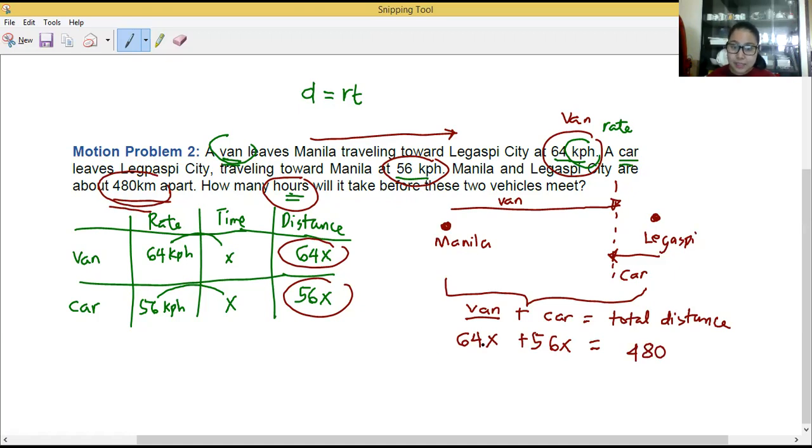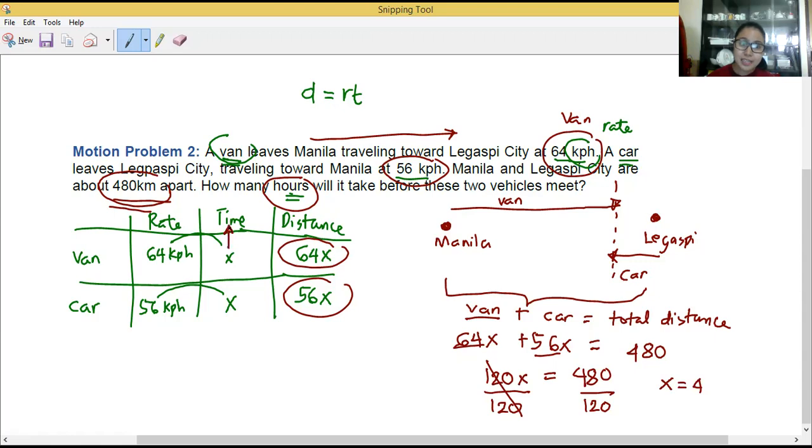64x plus 56x is equal to 120x equals 480. We divide both sides by 120. That leaves us x equals 4. We go back to our table. What is x for?